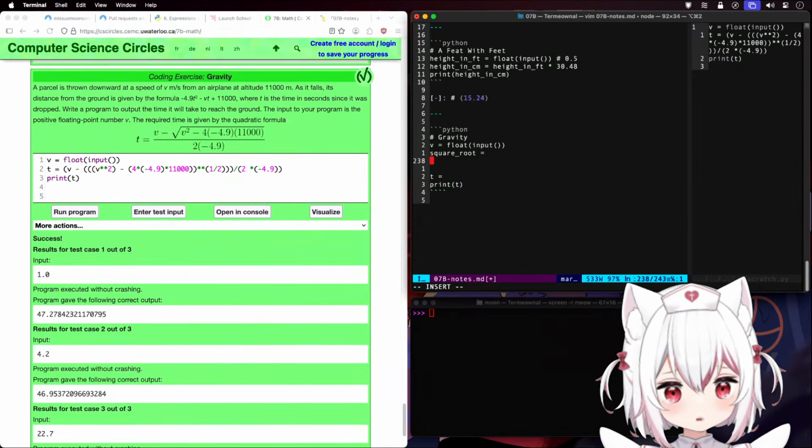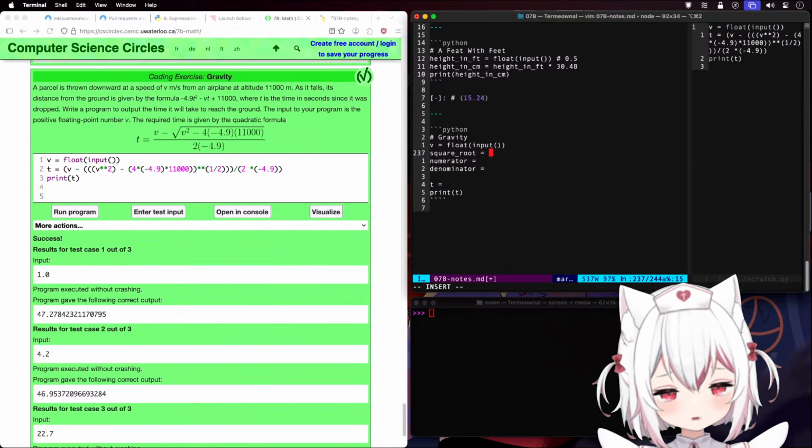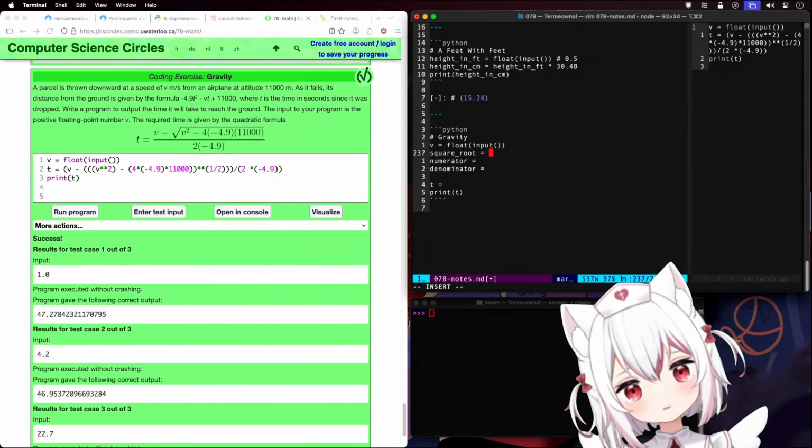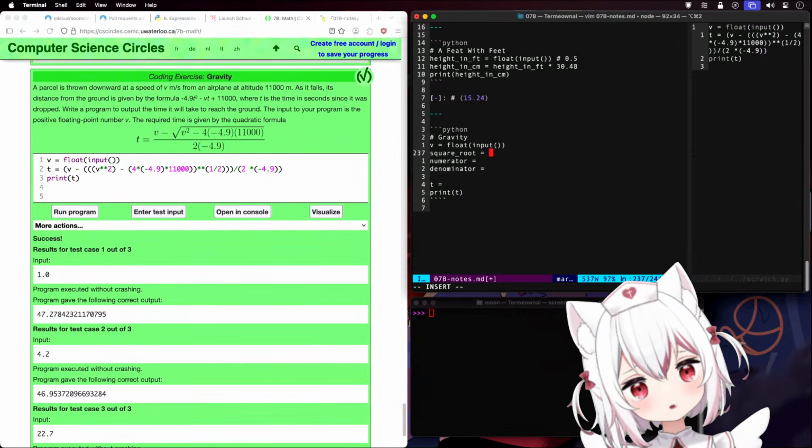And then I'll do numerator. And I'll do denominator. The square root will be, call it that.